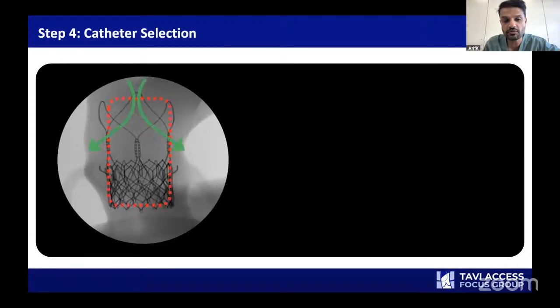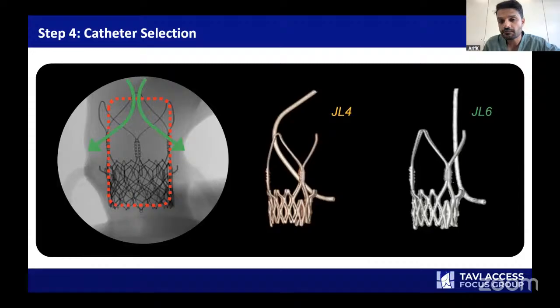Avoiding the central, you want to deflect to the side. So here, same anatomy, same patient, same valve. We've put in a Judkins left 4 and a Judkins left 6. Now, in both cases, you achieve the cannulation, but you can just see that with the 4, you are much more central, going through the middle of the valve frame. Therefore, you're much more likely to encounter obstacles and barriers.